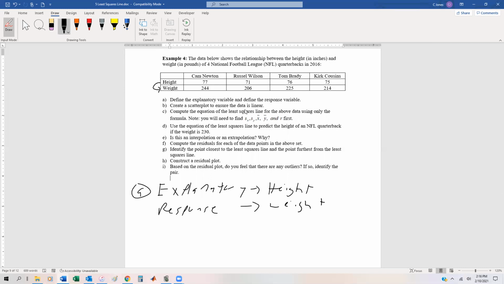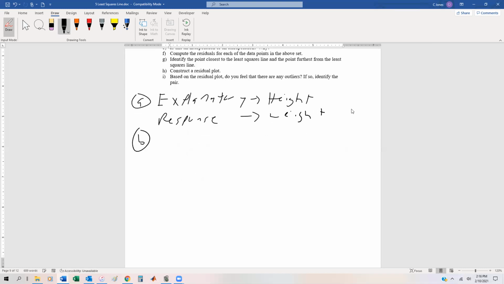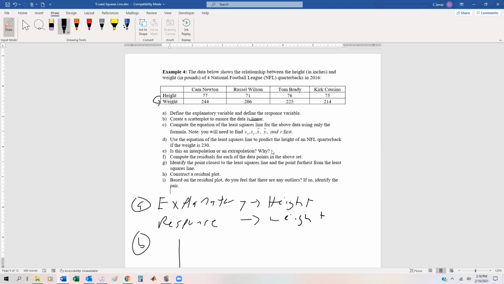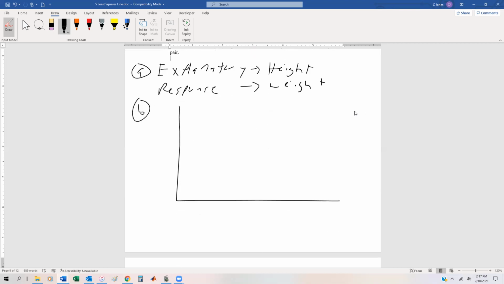We're going to draw a scatter plot, making sure the data is linear. If it's not linear, then we can't do the problem. All right, so here's our graph, our scatter plot. Our range of values for the explanatory variable is from 71 to 77, so we could probably just go in increments of 1. And that's our heights, and the heights are in inches.